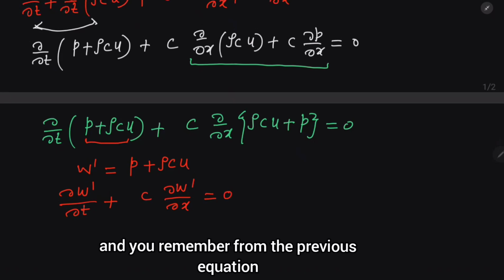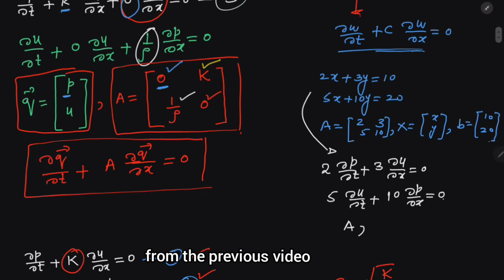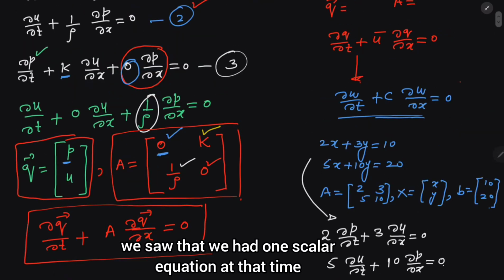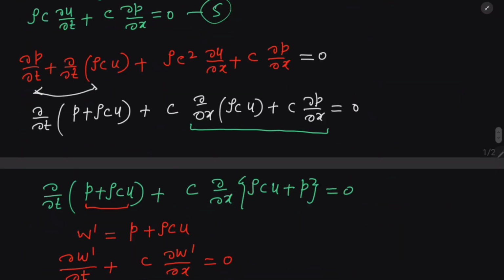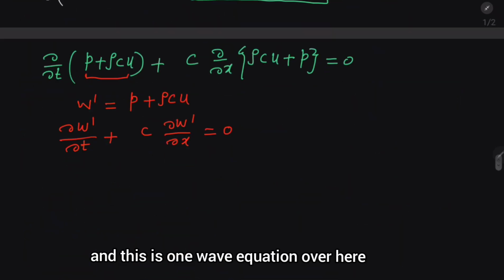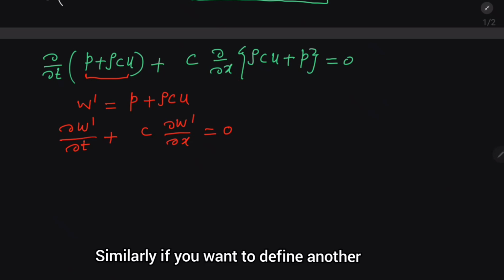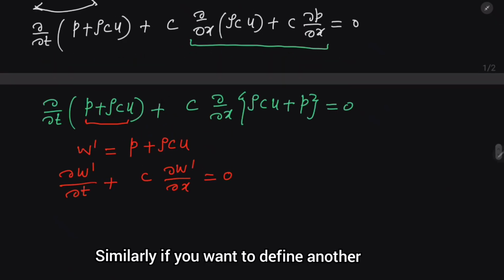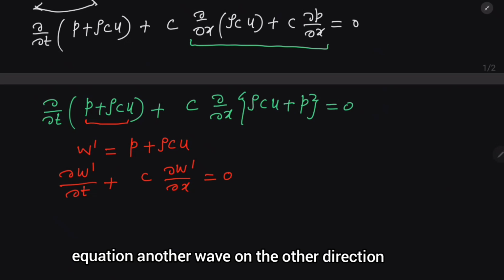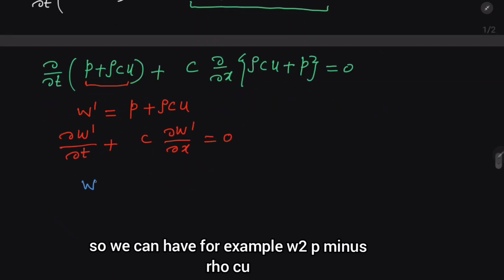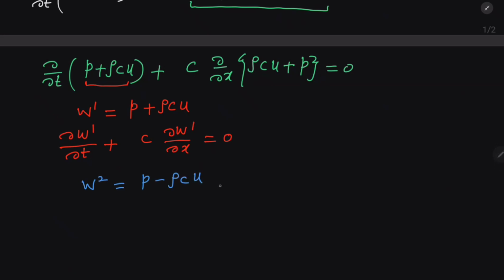And you remember from the previous video, we saw that we had one scalar equation at that time, and this is one wave equation over here. Similarly, if you want to define another wave in the other direction, we can have, for example, w2 equal to p minus rho c u, where p is a function of x and t, u is a function of x and t, and so on.